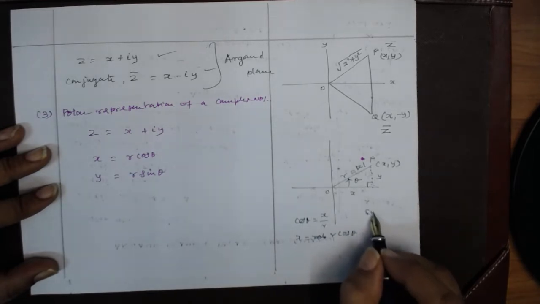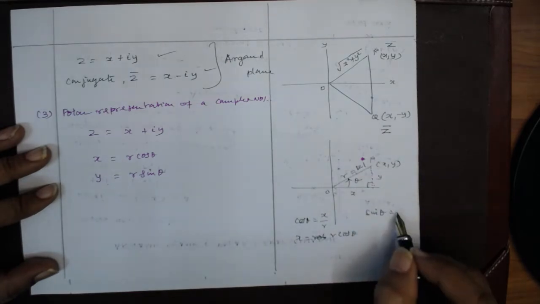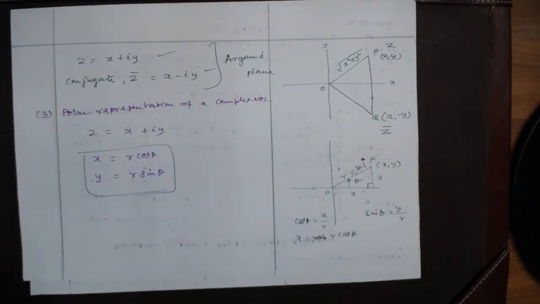Similarly, what about sin theta? Sin theta is equal to opposite by hypotenuse, y by r. Therefore y is equal to r sin theta. Do you understand this? So this ordered pair, r and theta, are real numbers.